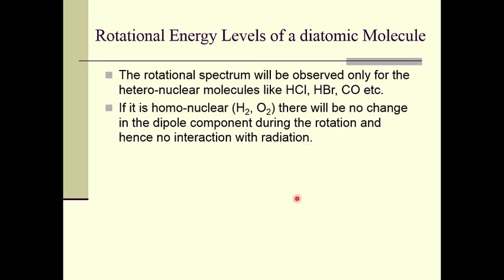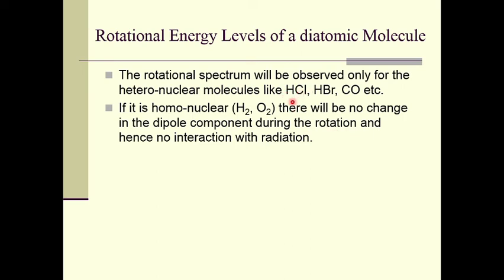We know a dipole in electrostatics is formed when two positive and negative charges are separated by a distance. Here positive and negative charges are developed on this molecule, separated by a distance, forming a dipole. Due to this dipole formation, when the molecule rotates, there will be a change in the dipole moment.